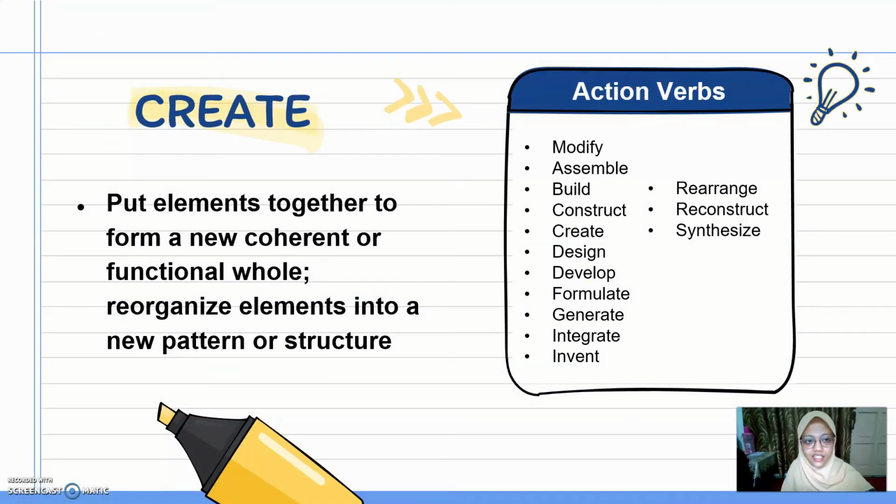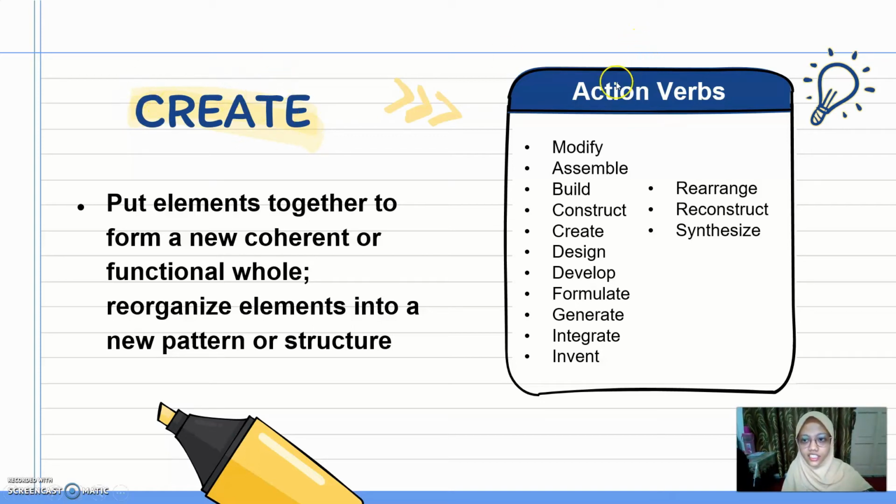Lastly, the last level for Bloom's taxonomy revised is create. Create is to put elements together to form a new coherent or functional whole, or reorganize elements into a new pattern or structure. This level highlights that the student can be creative and innovative with the knowledge that they learned.